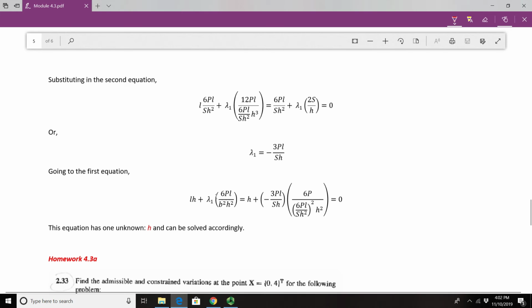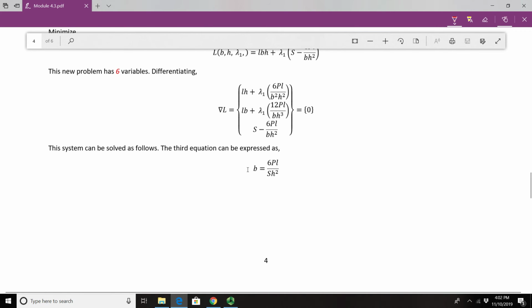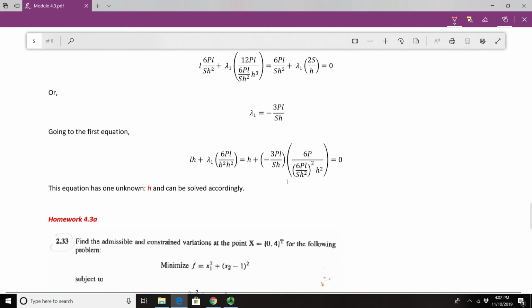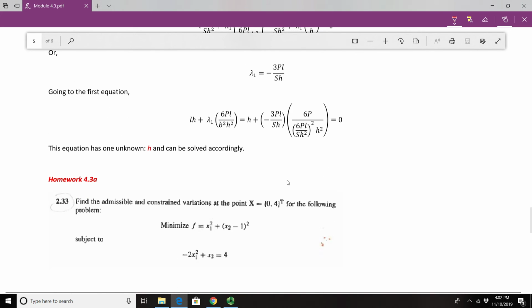So here lambda 1, I replace it by this thing. I can solve for h. And this is what I know I need. I can go back and find, what do you think? You can use b from here because you know h. So you can find the better solution this way.